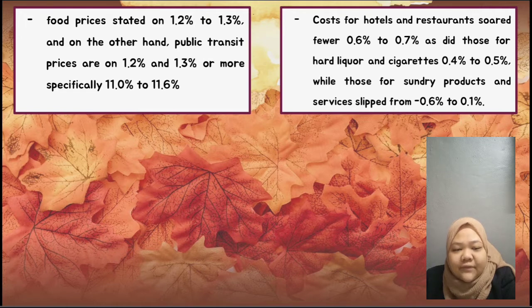11.0% to 11.6%. Cost of hotels and restaurants rose from 0.6% to 0.7%, as did those for alcohol and cigarettes, 0.4% to 0.5%, while those for miscellaneous products and services slipped from negative 0.6% to 0.1%.